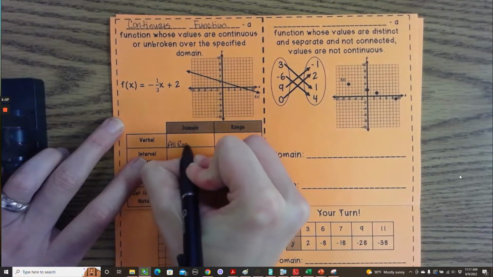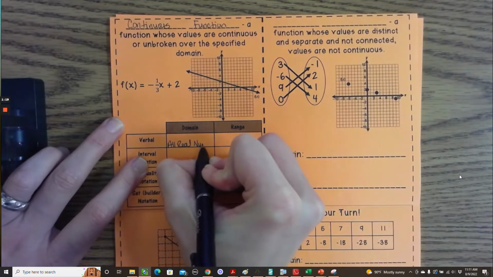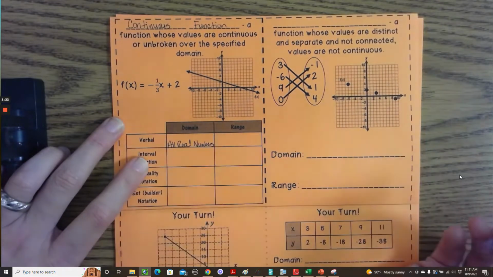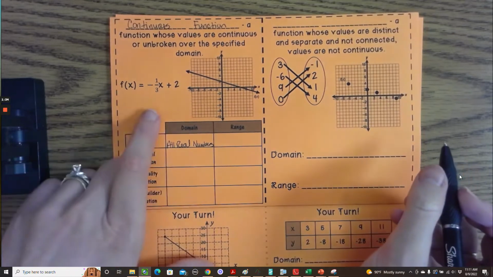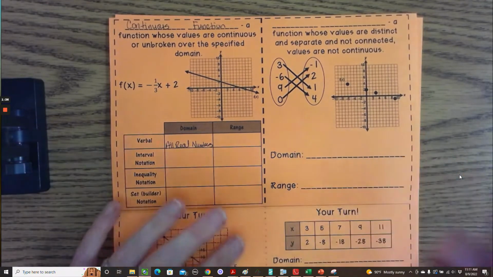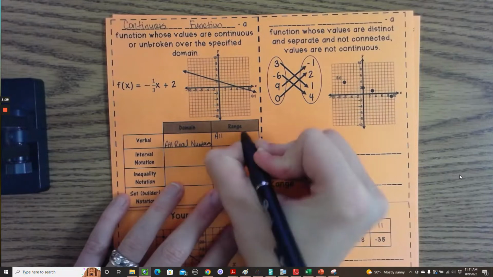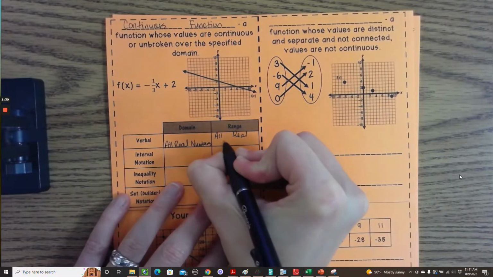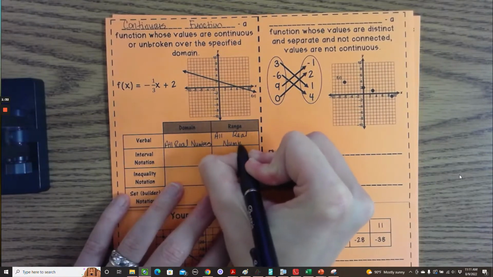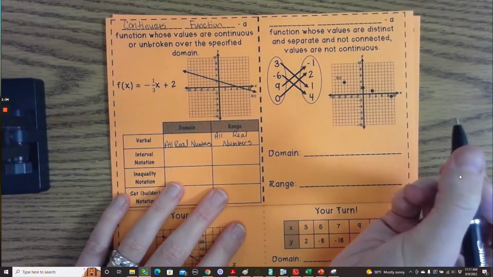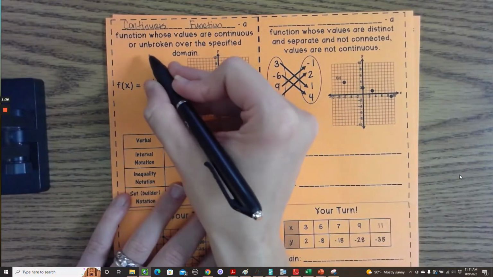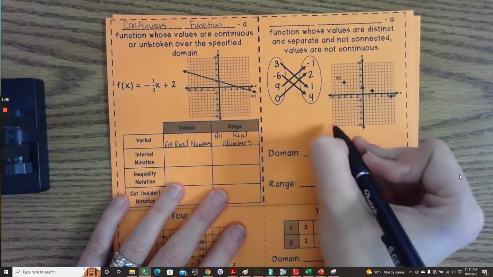So my domain is all real numbers. I can plug any value of x into this function. And the range is also going to be all real numbers, because it's going to continue to go up through all the y's and down through all the negative values of y.